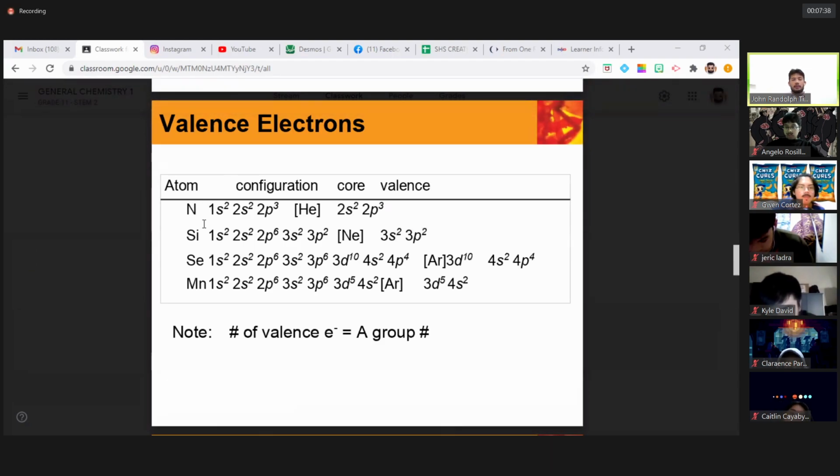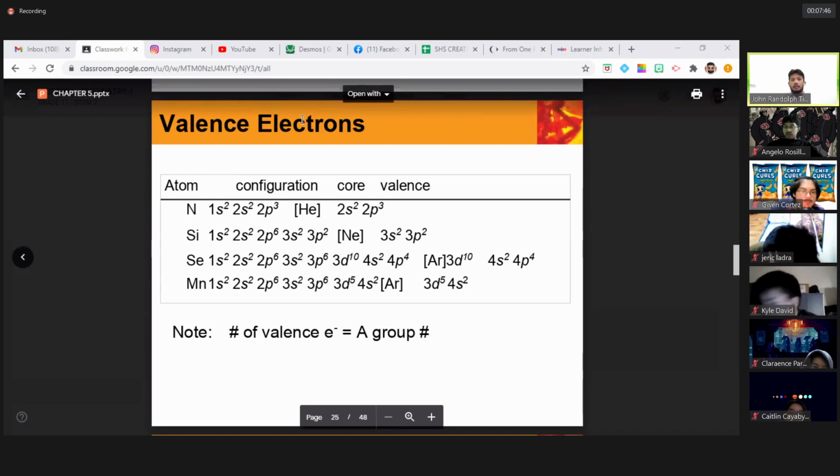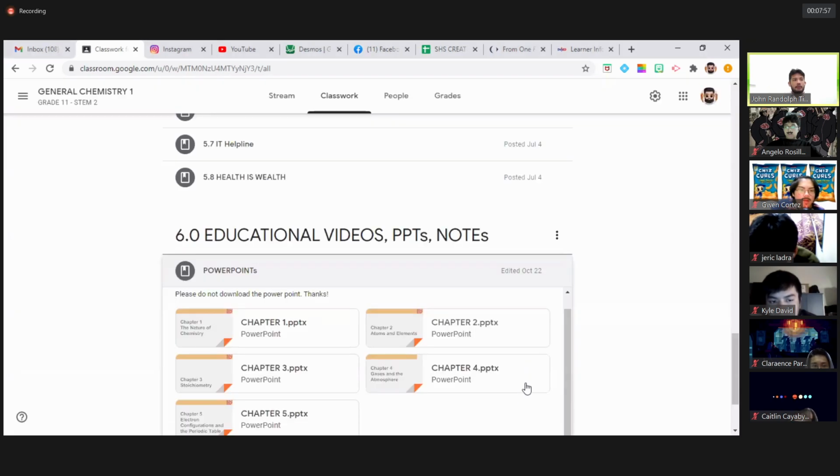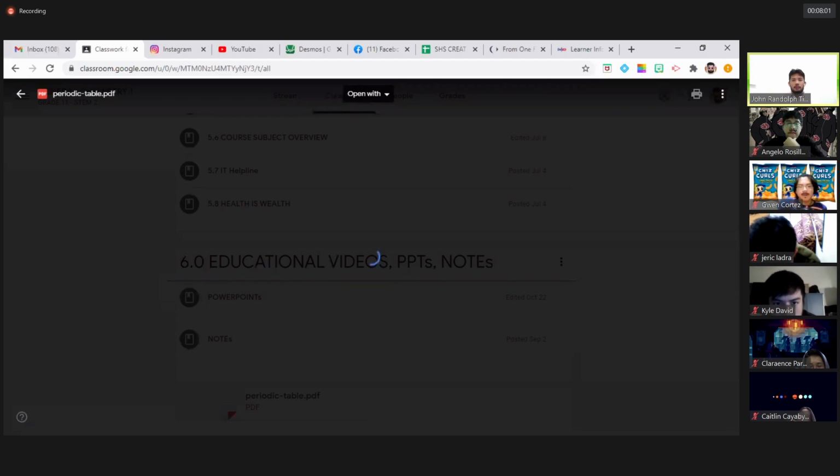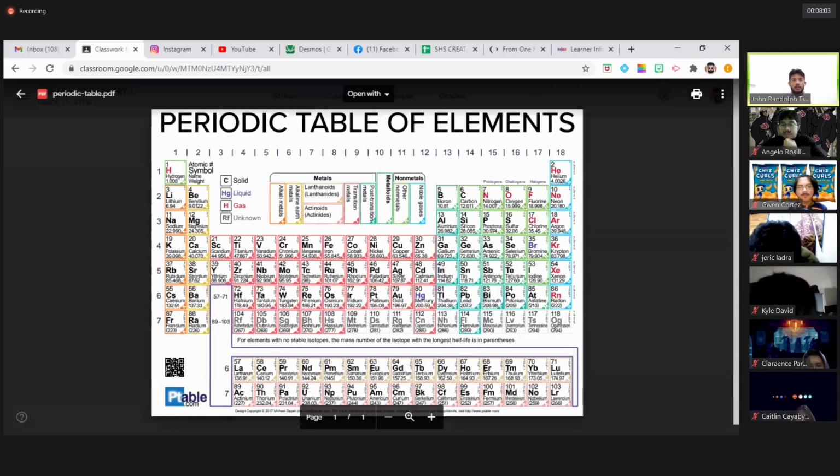The atom is nitrogen. You know the configuration of nitrogen. What is the atomic number of nitrogen? If you check your periodic table here, nitrogen is pang-pito.